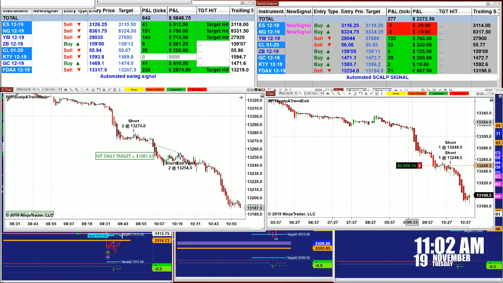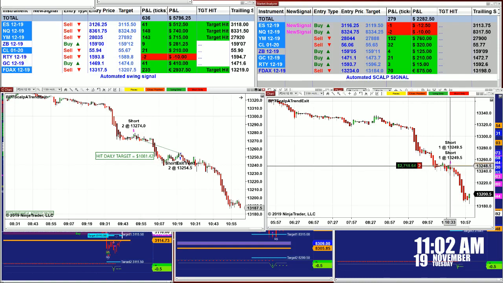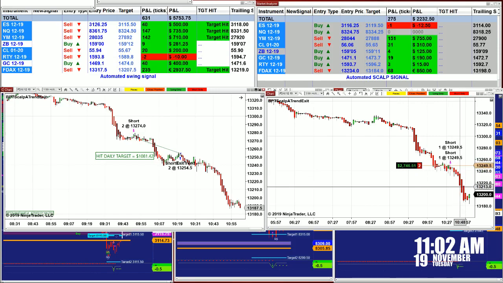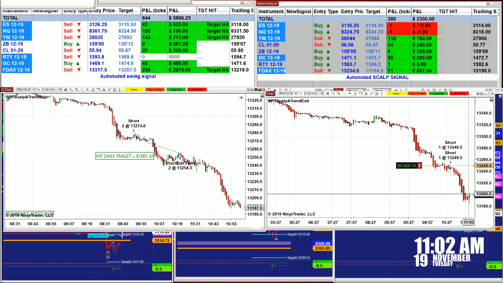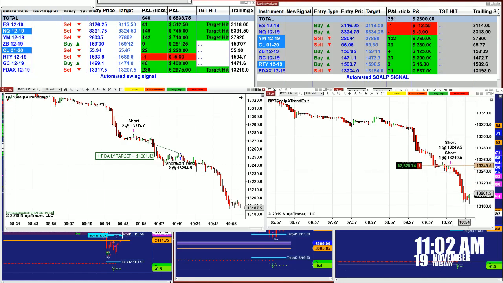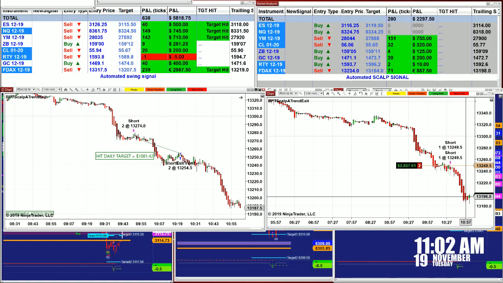On the 3 minutes, the entry was at 10:33, and it is the way this chart is drawing those bars. You can see immediately that there is no pullback because it's a higher time frame.